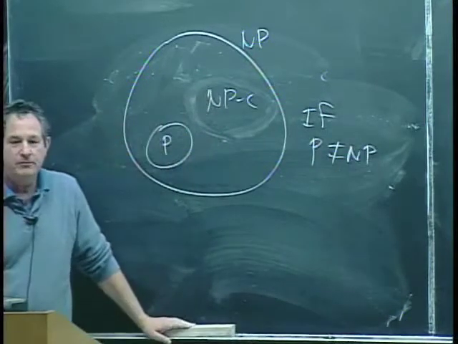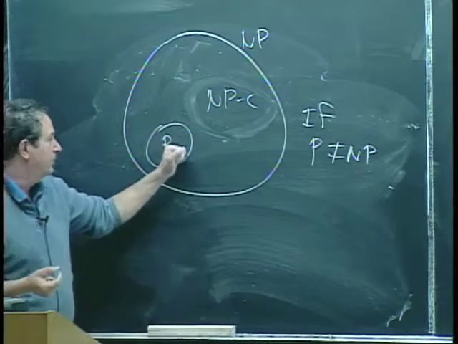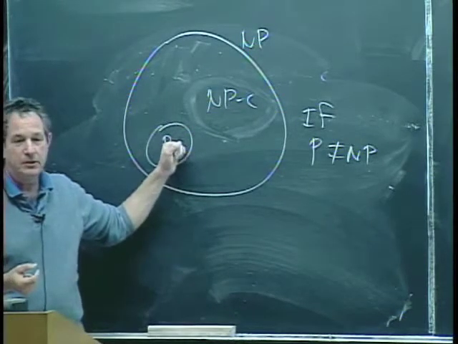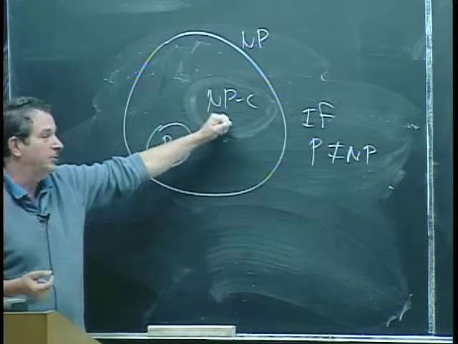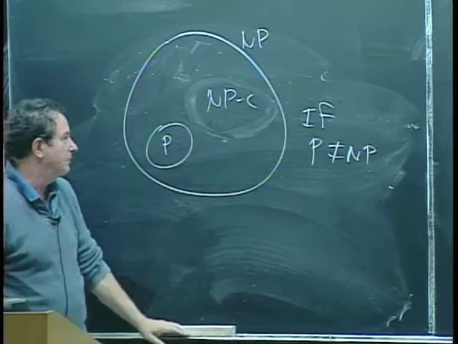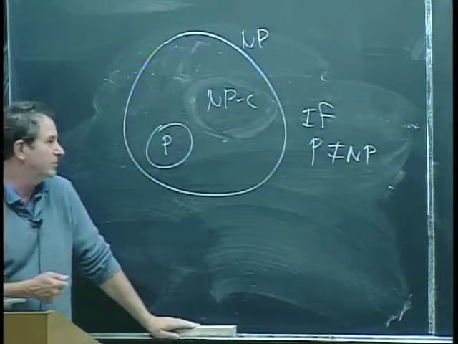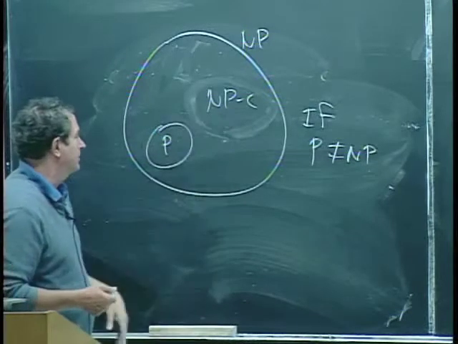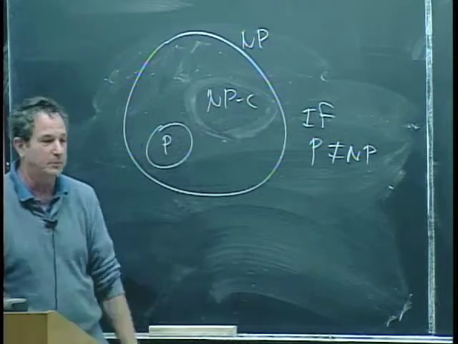Because if you're working on a problem, trying to show a polynomial time solution and you fail, then you'd like to try to prove that it's NP complete and at least resolve why you failed. That's strong evidence that you're never going to find a polynomial time solution, so at least you can go on to some other problem.